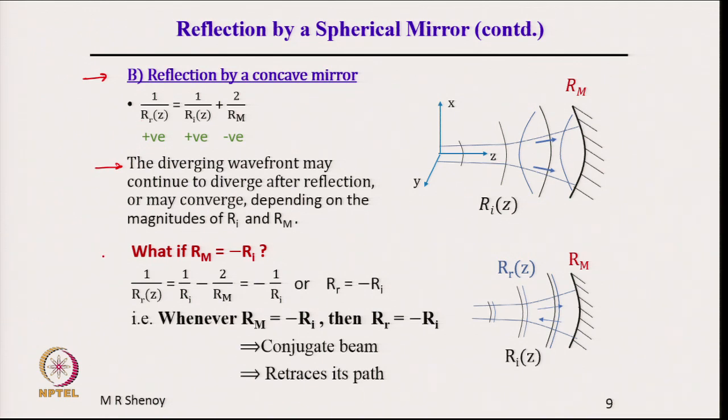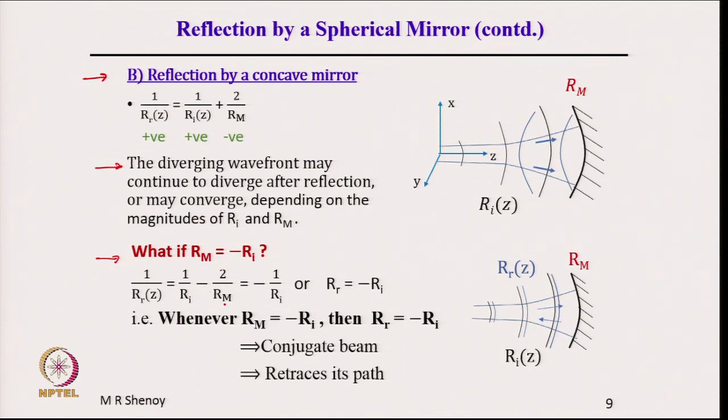Now, the question is, what if R_M is equal to minus R_I? Look at it only from a mathematical point of view. R_M is equal to minus R_I. Then 1 over R_R of z is equal to 1 by R_I minus 2 by R_M. Now, R_M is negative, that is why 2 by R_M, and R_M is minus R_I, therefore minus 2 by R_I.